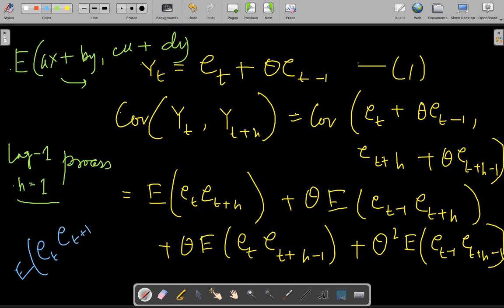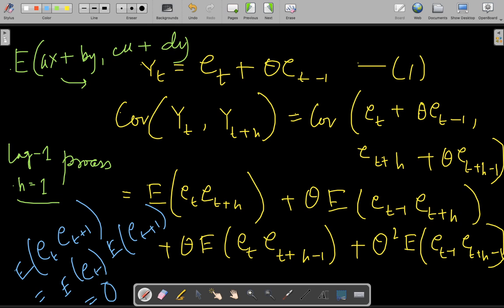So they're basically two different error terms. Since they're IID, I can write the expectation of Et and the expectation of Et plus 1, which are independent, so that means that's 0, because both of these terms are 0.